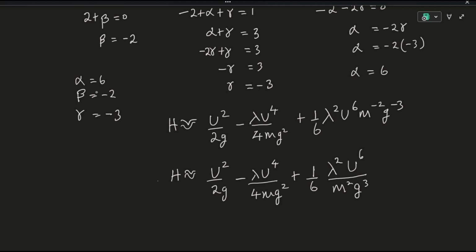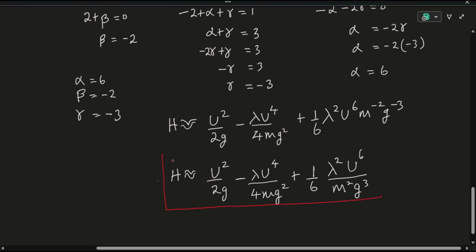So the values of alpha, beta, and gamma are 6, -2, and -3. And the equation that we seek to determine is given by this expression over here.